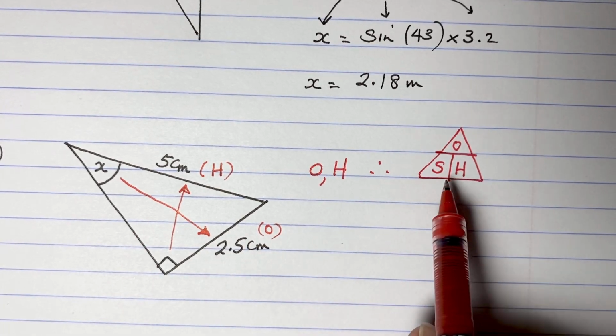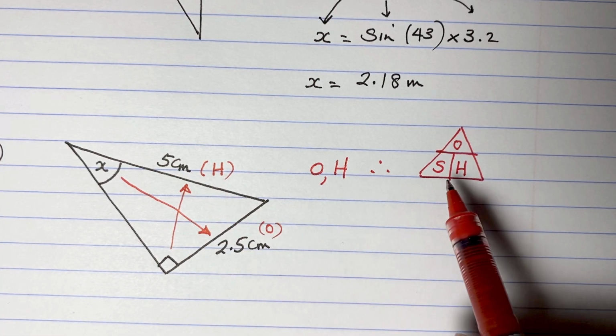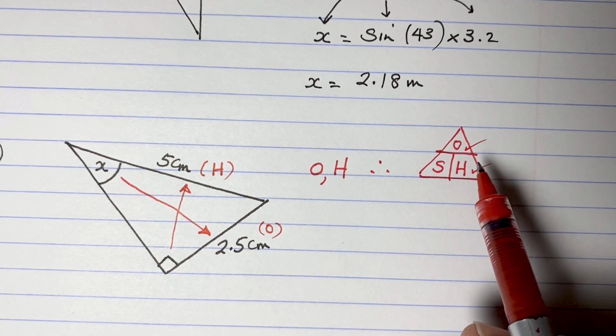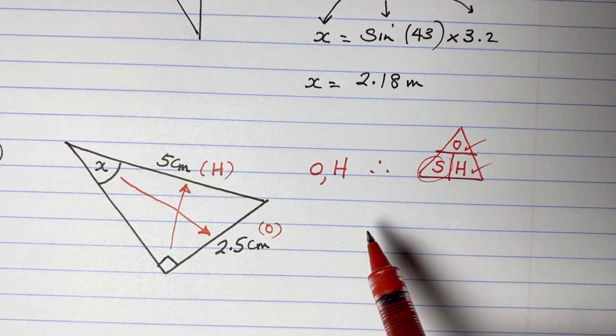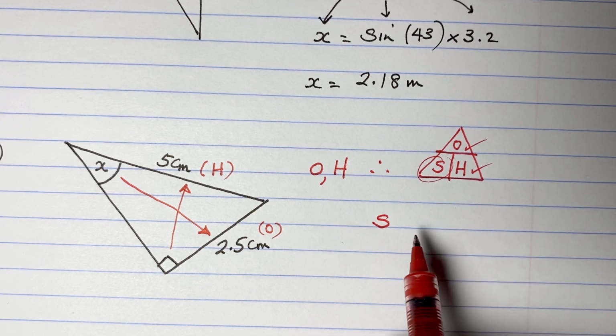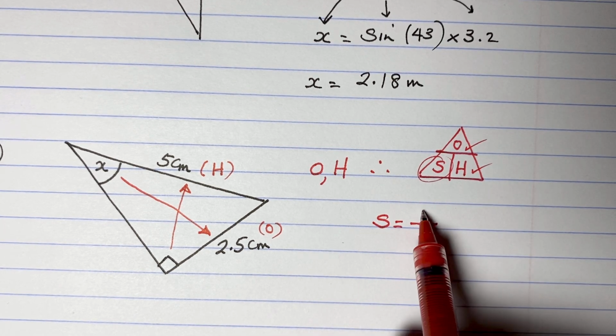Now, which of these three letters am I looking for? Am I looking for H? No, H I have. Am I looking for O? No, O I have. So I must be looking for S then. So how do I find S? The triangle tells me how to write it. Cover it. So you have O over H.